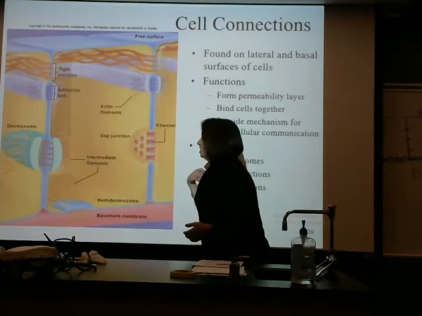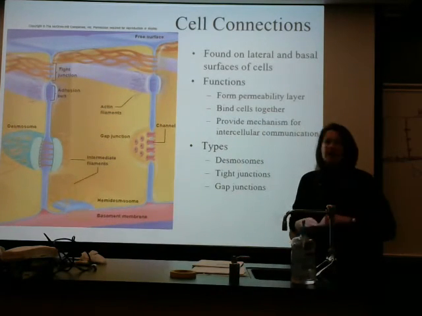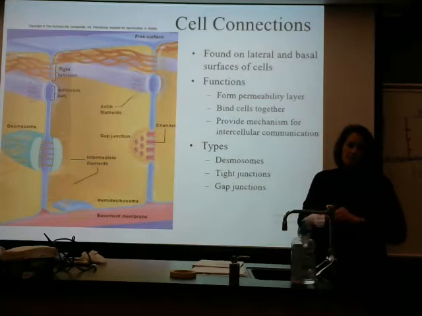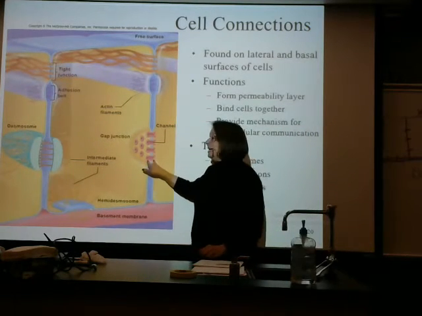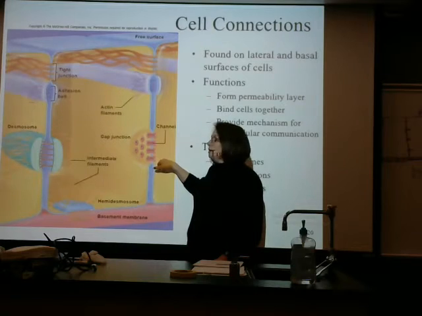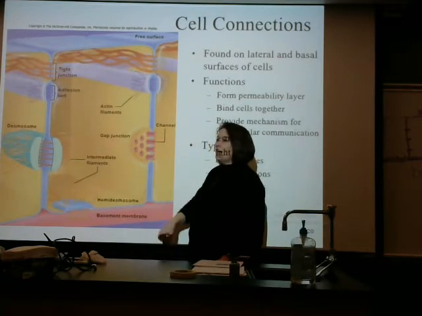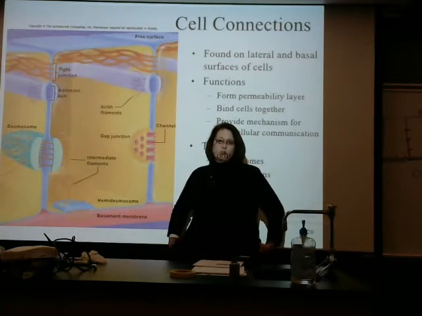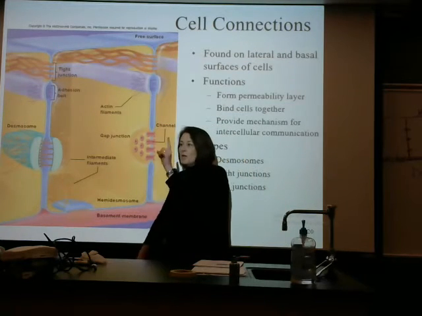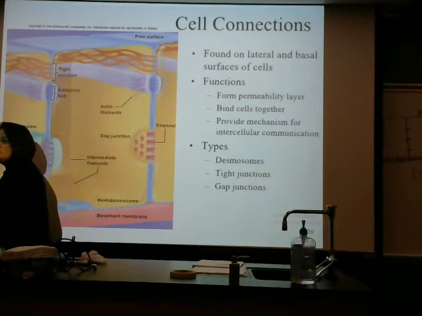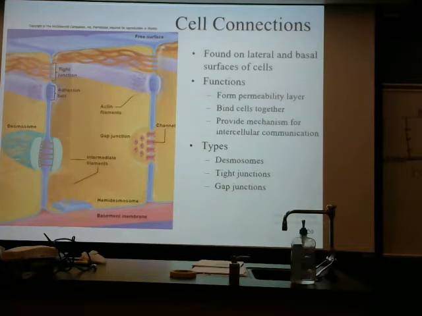The gap junction, like their name implies, there's a gap present. So we've got a connection, one cell to one cell, but then there's a tunnel. What do you think this is for? Communication. Can you think of anything else it might be used for? All right, movement of substances from one cell to the next.